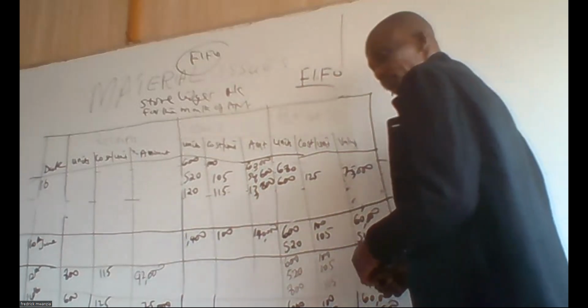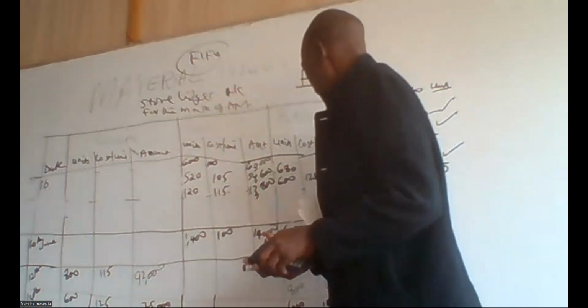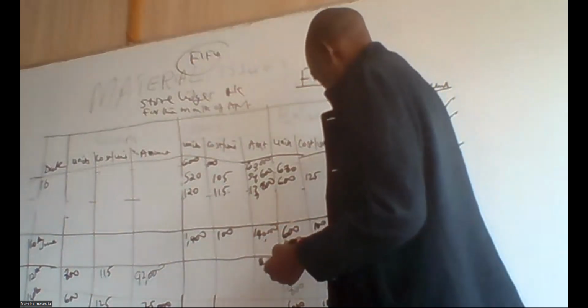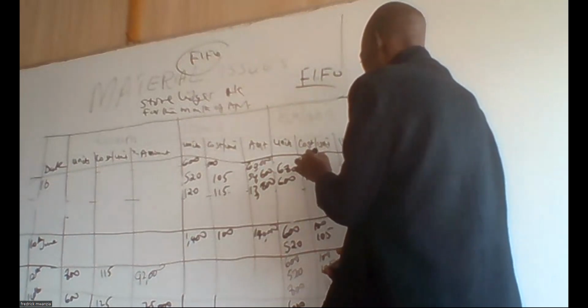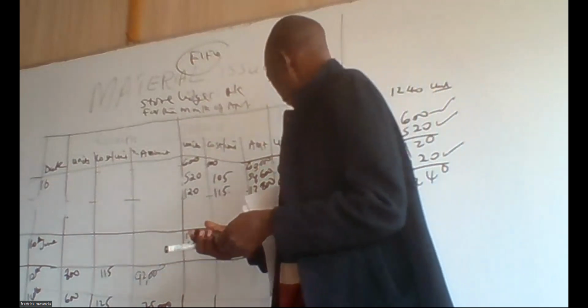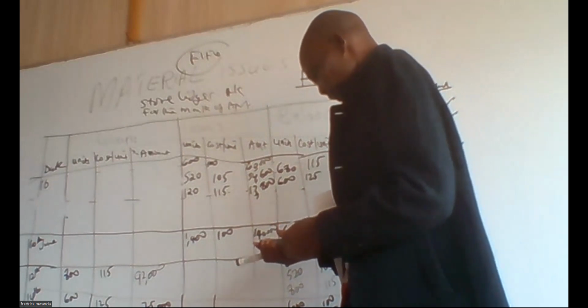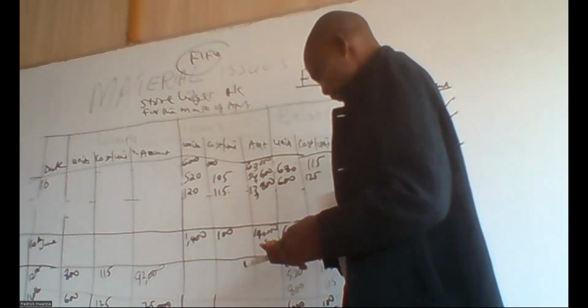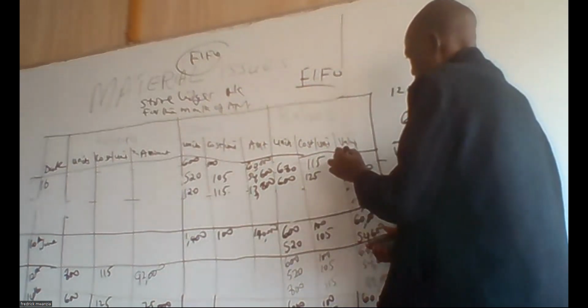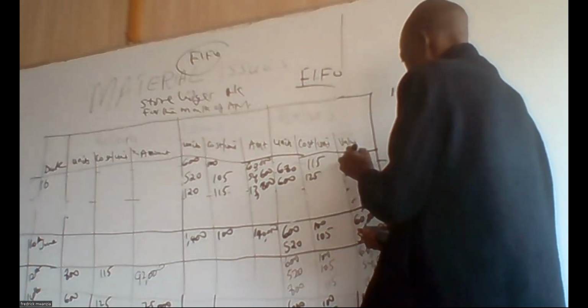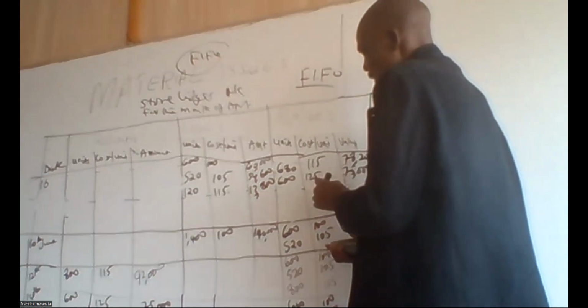And this is another one: 680 at 115, that gives you 78,200.